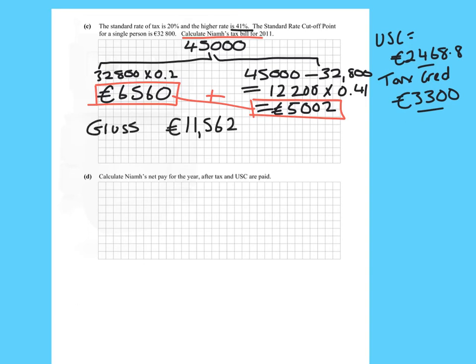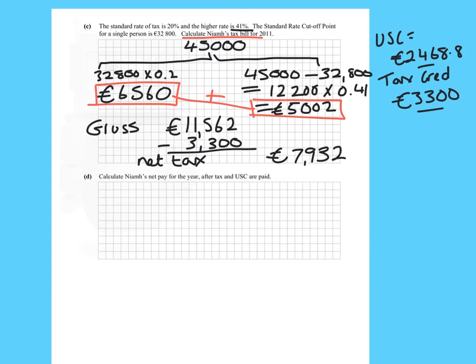Now, we know that from the gross, we take a tax credit, which we have as 3,300. And when I do that, what I'll get is net tax, and that will be 7,932, and that's my final answer.